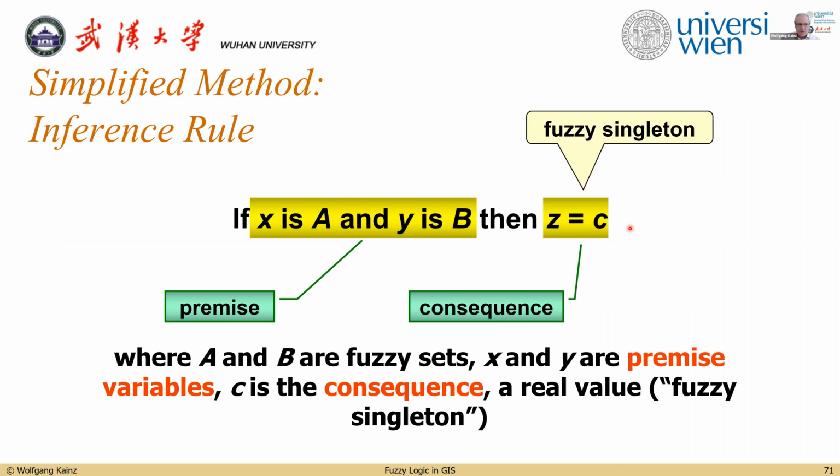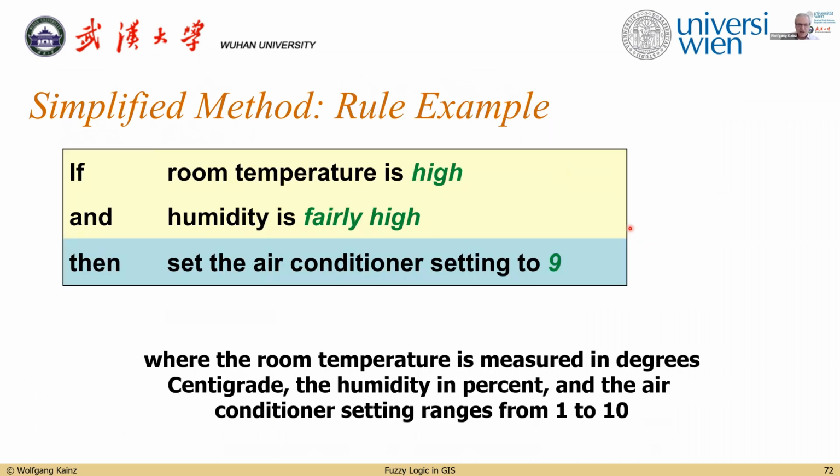So that's why it's called the simplified method. There's nothing fuzzy in the conclusion anymore. Like in this example, if the room temperature is high and the humidity is fairly high, then set the air conditioner to 9, some absolute value setting. So this is an example for the simplified method.